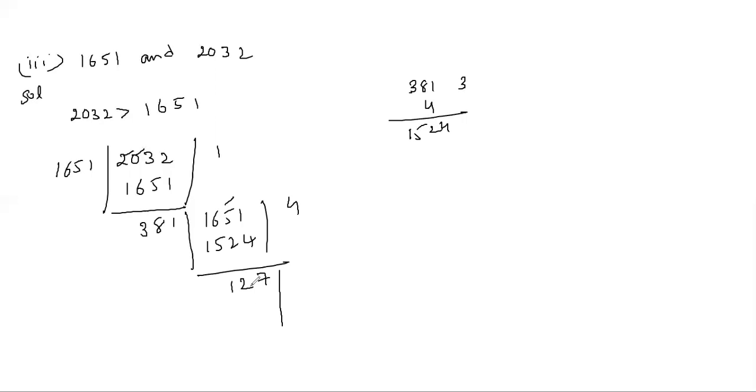Now divide 381 with 127. Okay. So now check roughly. 127 times 3: 3 sevens are 21, 3 twos are 6, 3 ones are 3. So 127 times 3 is 381.